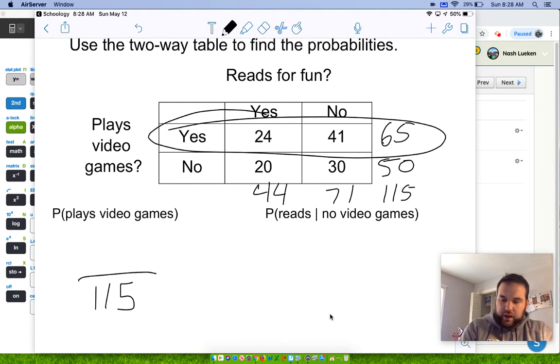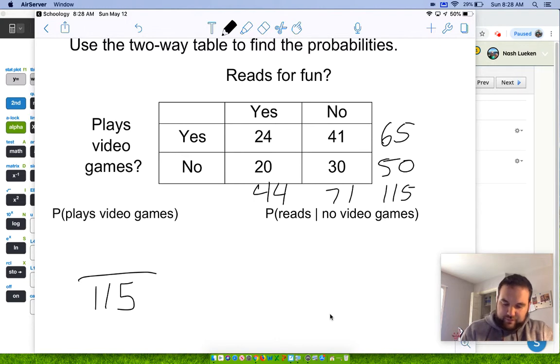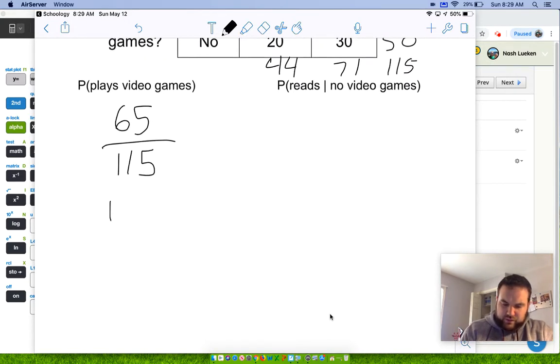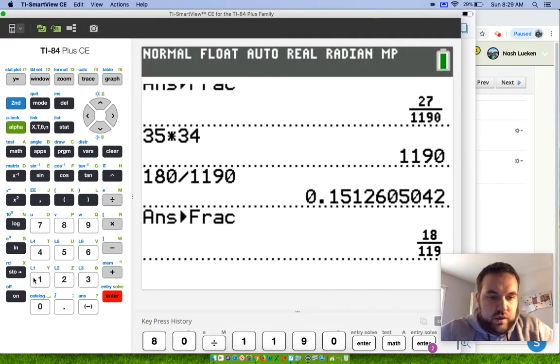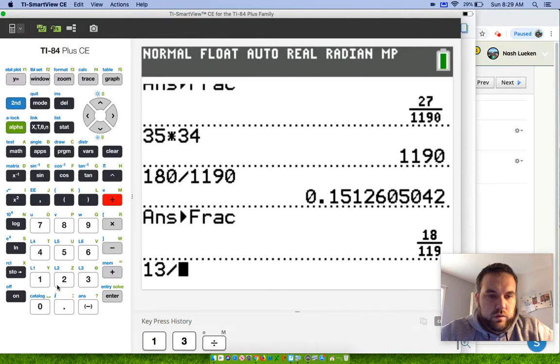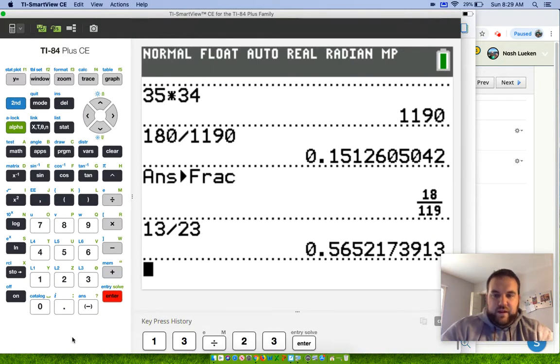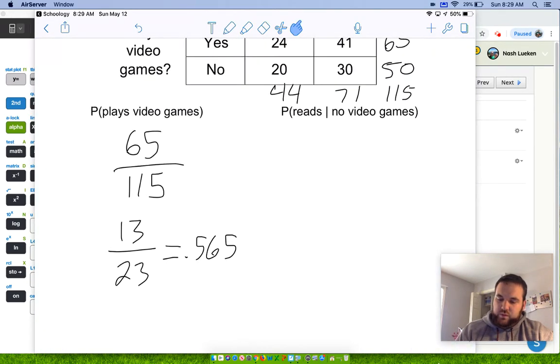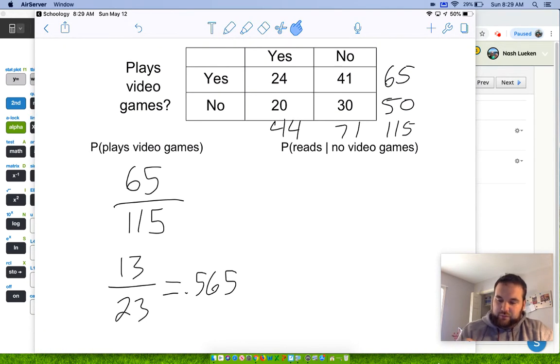Okay, so I'm looking at this number of 65. So 65 out of 115. That would reduce to 13 over 23, which as a decimal is 0.565. Okay. And then, what's the probability that someone reads given they do not play video games?